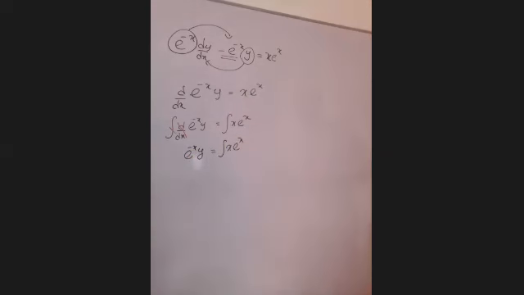We are using a rule called integration by parts. Later on, after the integration, we will learn how it comes. I will just do it and show you. After learning integration by parts, you will understand how you get this answer. Right? For the moment, just copy down this one.